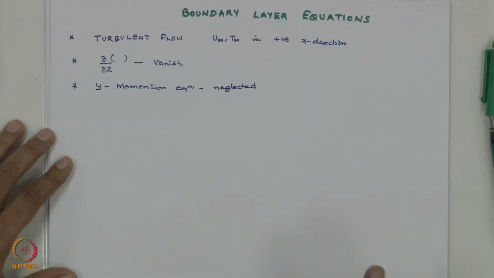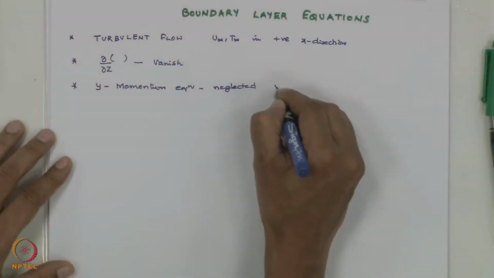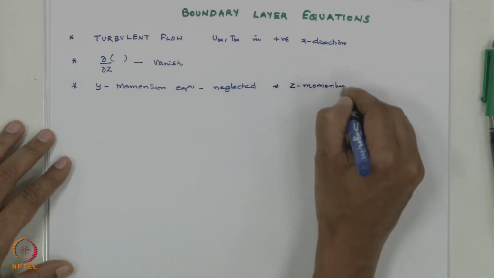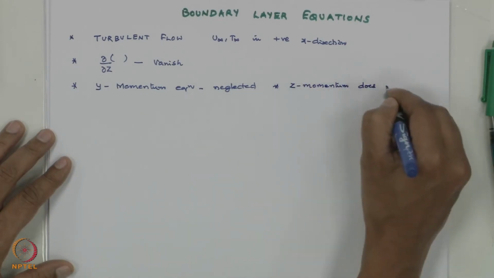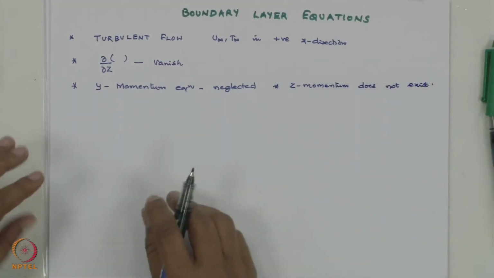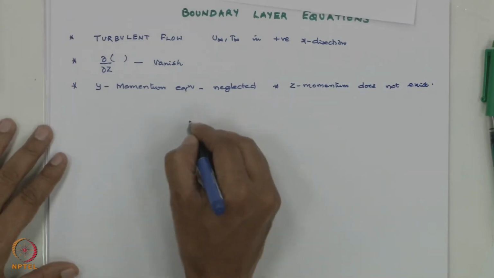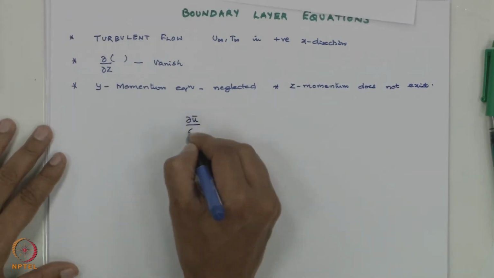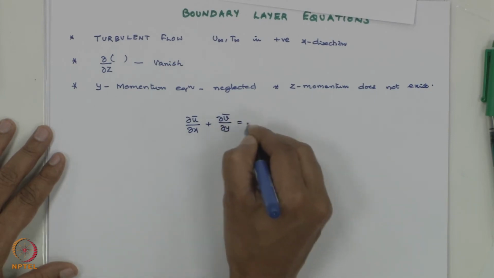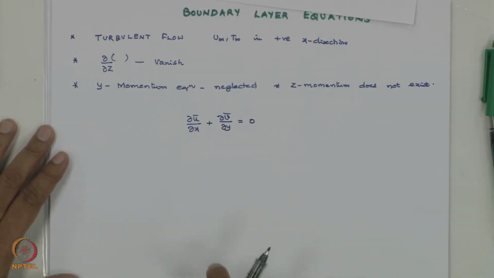If you have doubts, I would request you to revisit those modules and convince yourself why the y momentum equation is neglected, and the z momentum does not exist. So with this, the continuity equation would be del u bar by del x plus del v bar by del y equal to 0.